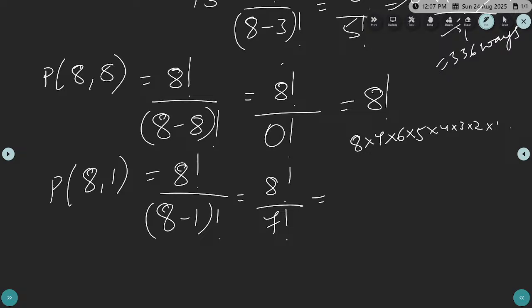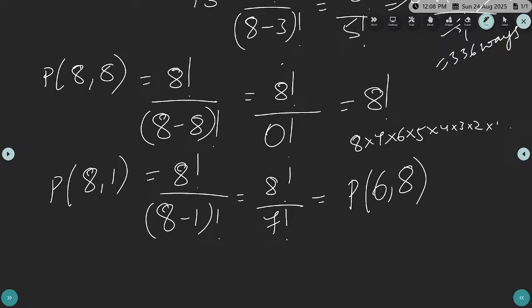Now the next question, P of 6, 8. Now listen. P of 6, 8. What is this answer? It is not possible.